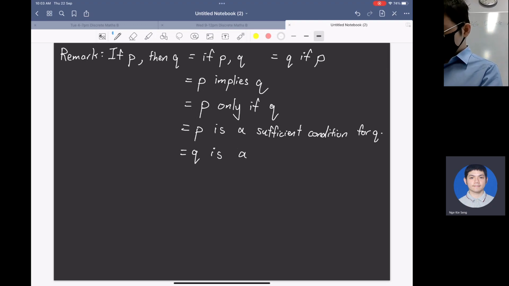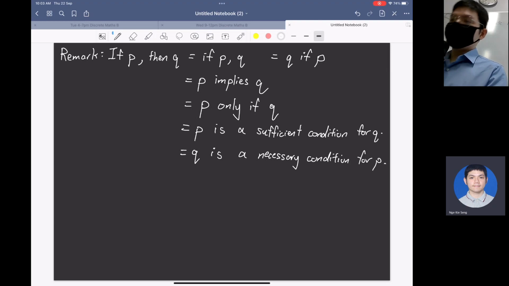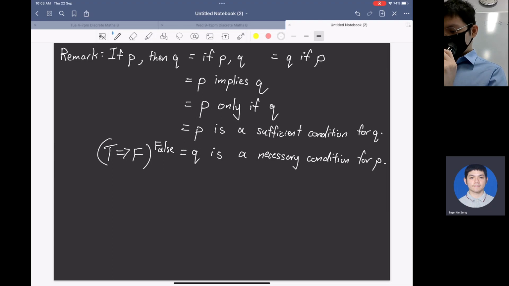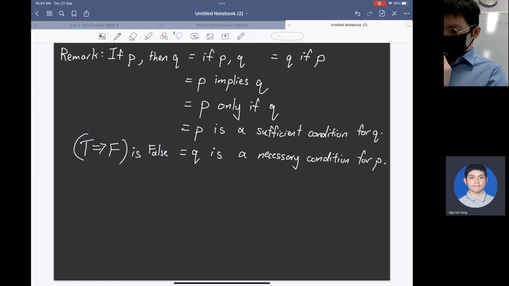Or Q is a necessary condition for P. That means if P happens, Q must happen, because if P is true and Q is false, then the whole statement is false. True implies false is false. So Q is a necessary condition for P.